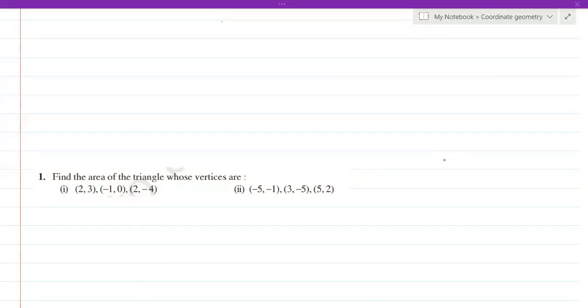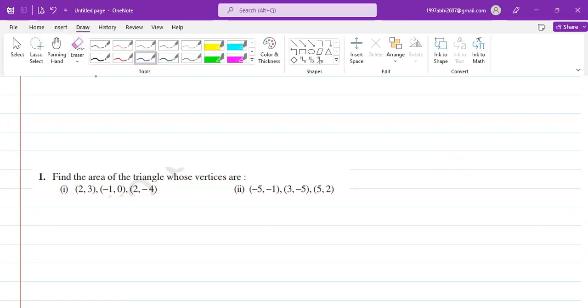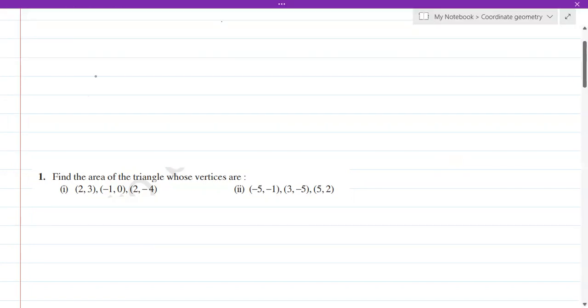Hello students. In this video, let's find the area of a triangle. Suppose the coordinates of the vertices of the triangle are given. Let's take a triangle ABC.